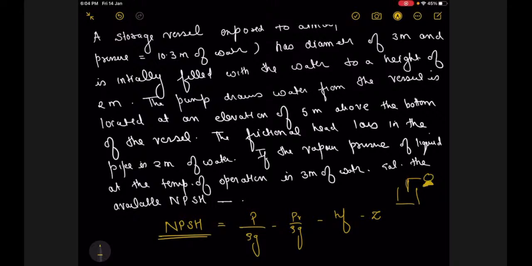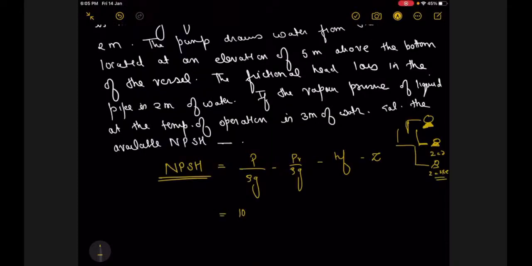Suppose the pump is kept here, then the Z is 0. And if the pump is kept below the tank, then the Z is positive. Okay. So from this part you have to solve. Here, from the data, it is 10.3 minus the vapor pressure they have given, which is 3.